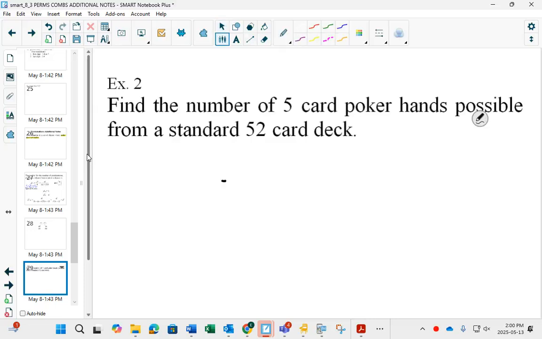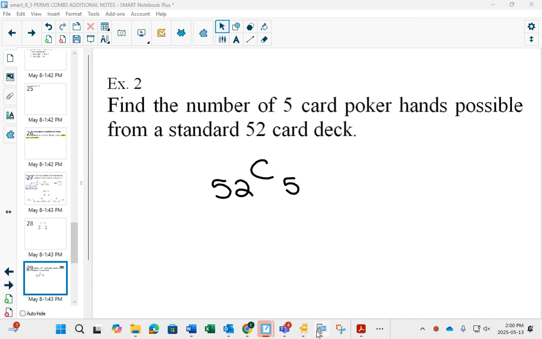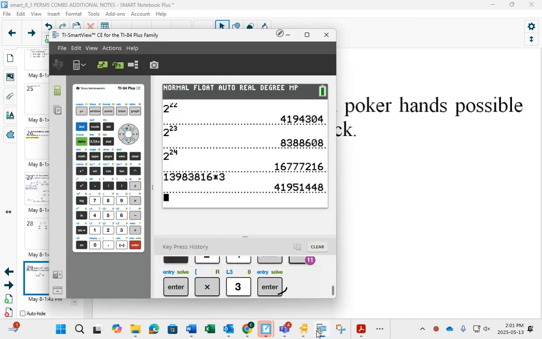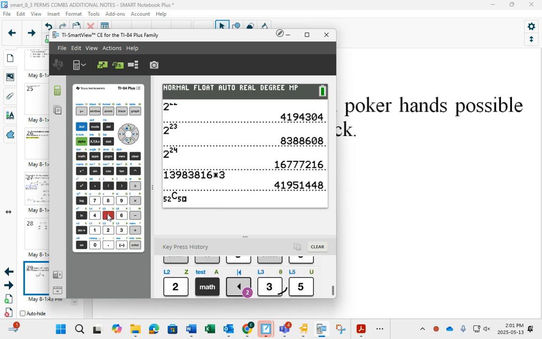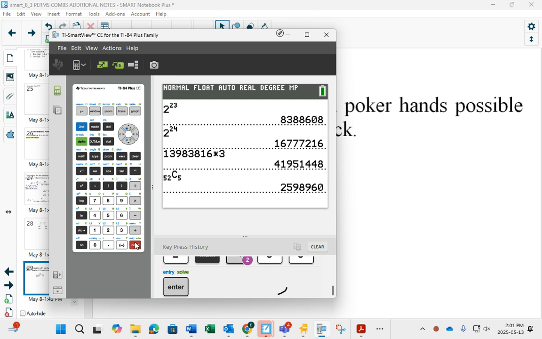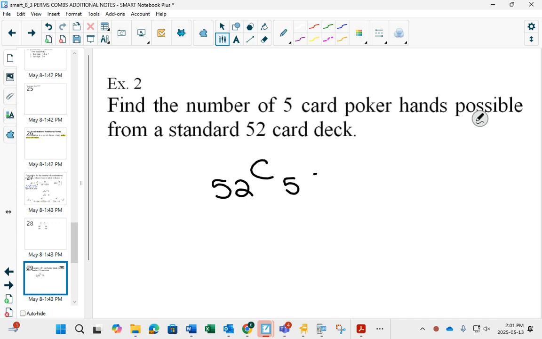So in poker, and maybe one of the reasons that the game of poker is so intriguing is the number of hands that are possible is 52 choose 5. And if we do that on our calculator, so 52, math, go over to probability, choose 5 of them, 2,598,960.